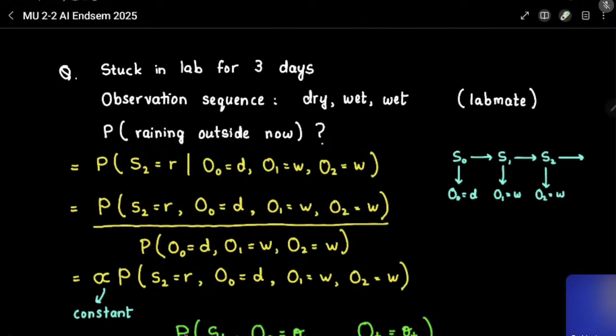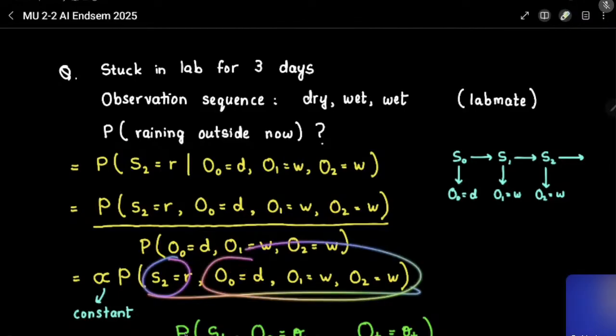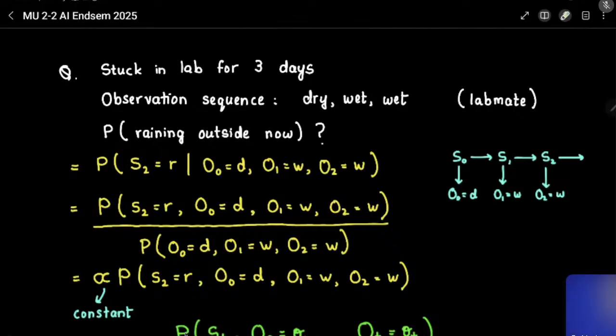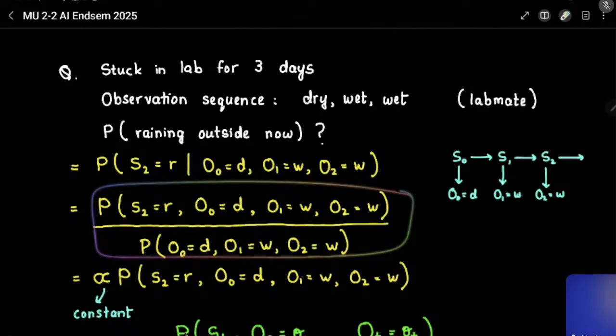So the numerator will simply be the hidden state and all the observations in the observation sequence. This given will become that, and then you simply have to multiply with alpha. How do you find the value of alpha? You can see, using the rules of probability, you will know what that alpha is.